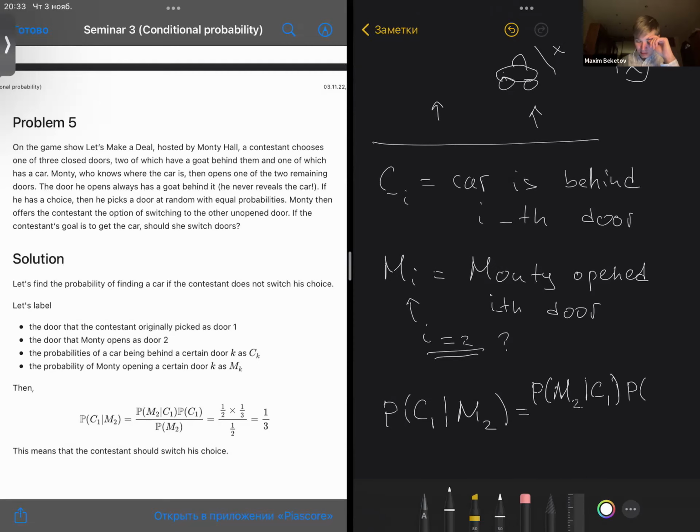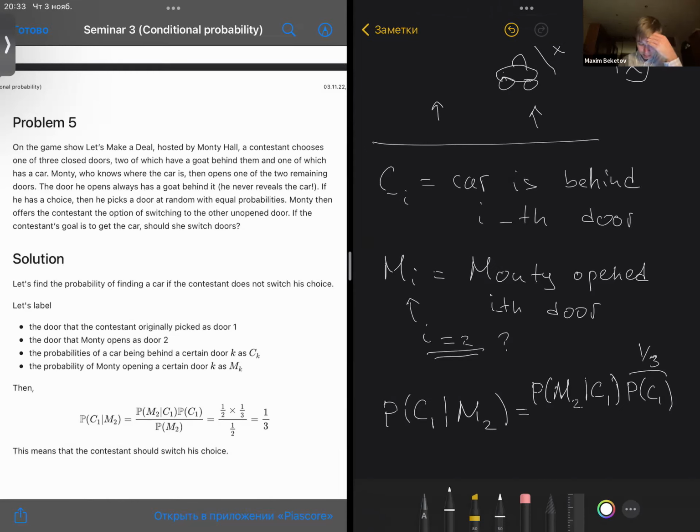Times the probability of the car being behind the first door, which is independent of Monty choosing, right? You see, that's how Bayes formula helps us. This probability does not depend on Monty. It is just 1/3 clearly, right? If we shuffle everything fairly.